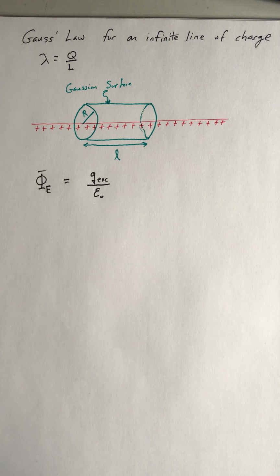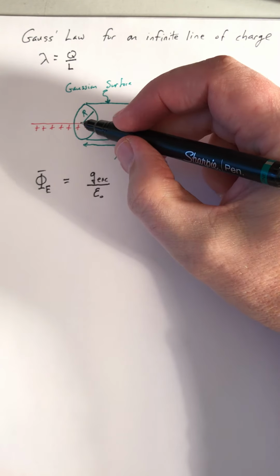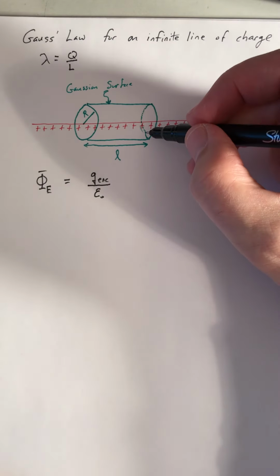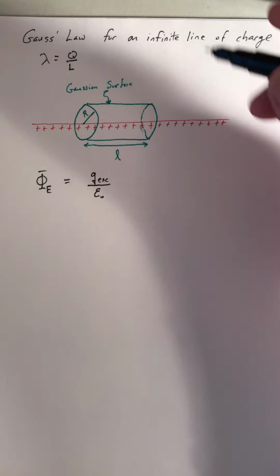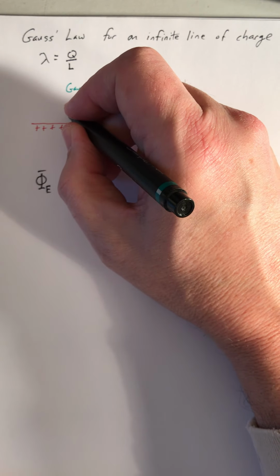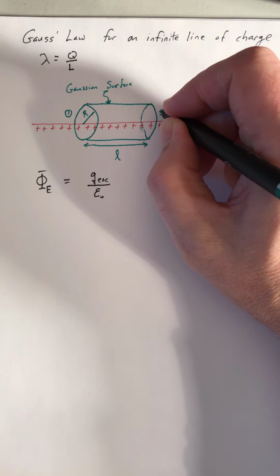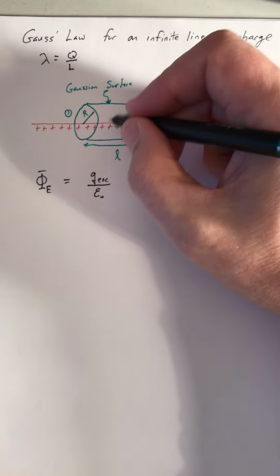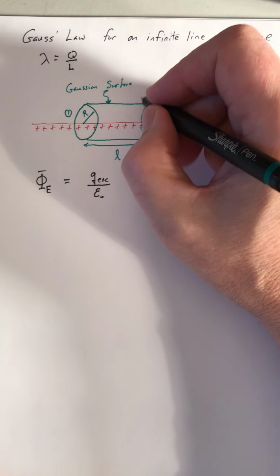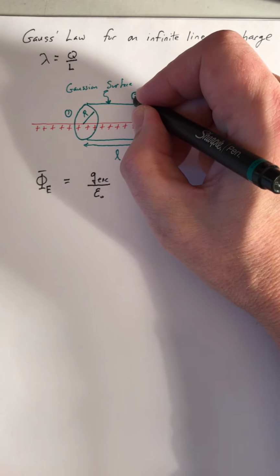Now my Gaussian surface, I'm going to have two end caps that are circles. So I'll label that 1. This surface, the end cap, is 3, and then the side of the cylinder I'm going to call surface 2.